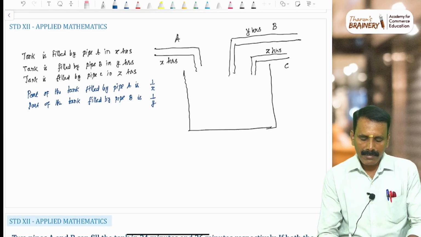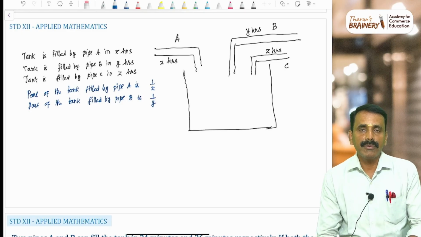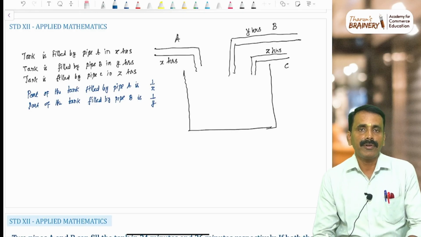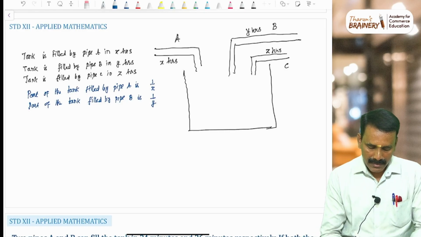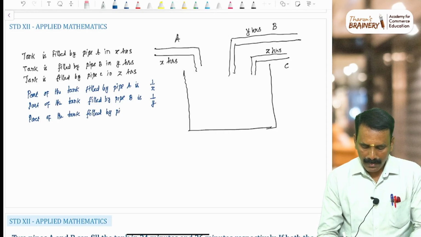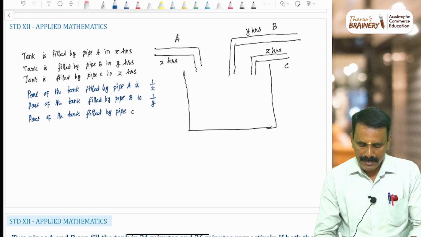The tank is filled by pipe C individually in z hours. So what will be the part of the tank filled by the third pipe in 1 hour? Part of the tank filled by pipe C in 1 hour will be 1 by z.